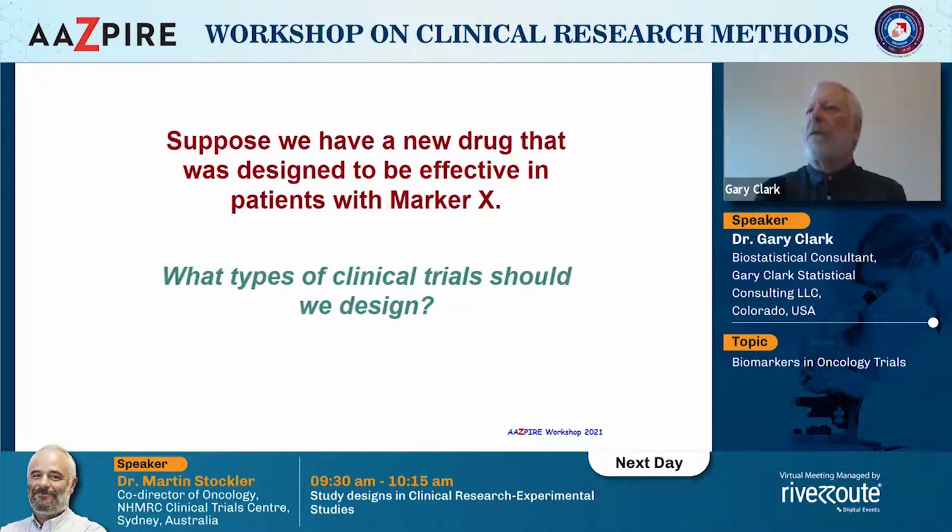So let's suppose that we have a new drug that was designed to be effective in patients with marker X. And we ask the question, what types of clinical trials should we design? Now, this clinical trial needs to evaluate the drug, but it probably needs to evaluate the marker at the same time.